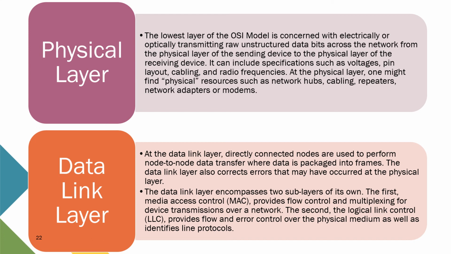This data link layer encompasses two sublayers. The first is media access control, or MAC, which provides flow control and multiplexing for device transmission over a network. The second is logical link control, or LLC, which provides flow and error control over the physical medium, as well as identifying line protocols.